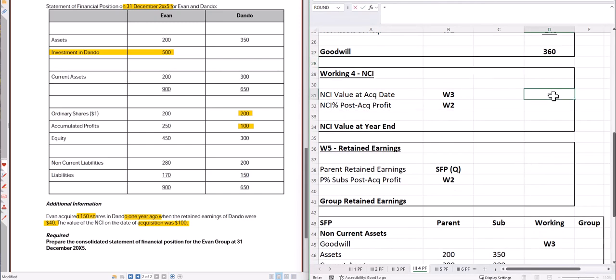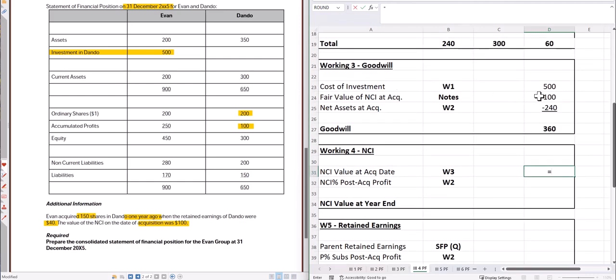So again, remember, start with the amount we used in the goodwill working. Now this is where we need to do a little bit of a calculation. The post-acquisition profit from working 2 was 60. The NCI percentage was 25%. So it's going to be 25% of 60.